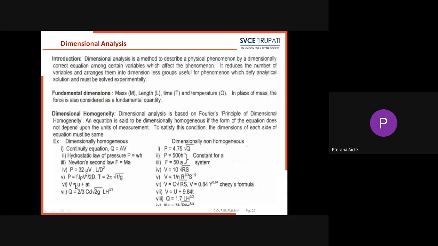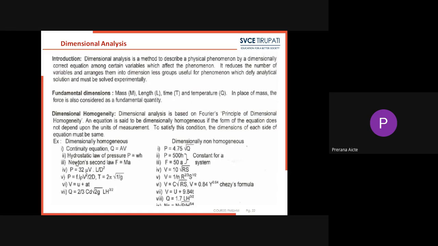Another equation, V equals U plus At. Another equation, Q equals 2 by 3 Cd into square root of 2g L into h power 3 by 2. So all these equations are considered dimensionally homogeneous equations. Why? Because the left side dimensions are equal to the right side dimensions. Hence, we call this kind of equations dimensionally homogeneous equations.